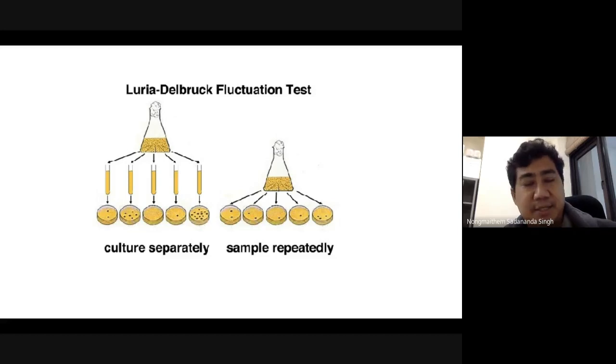How to calculate, we'll discuss. There are many methods that have been discussed. In the accumulation test we were talking about, you can grow a single culture and calculate the number of resistant colonies or mutants per volume.